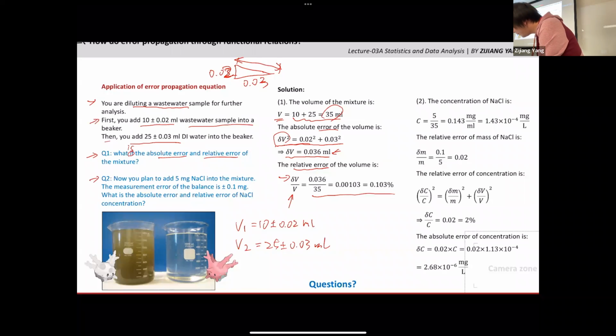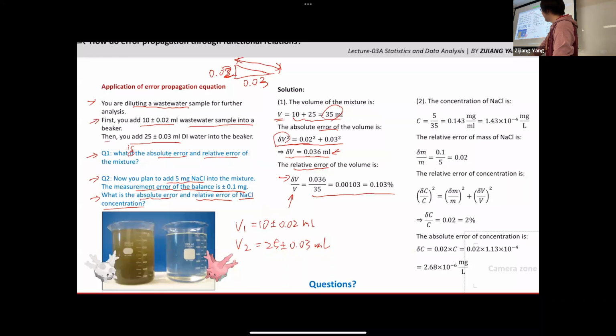Now you plan to add 5 milligrams of NaCl into this mixture, and the measurement error of the balance is 0.1 milligram. The question is, what is the absolute error and relative error of this sodium chloride solution, or the concentration of this sodium chloride?